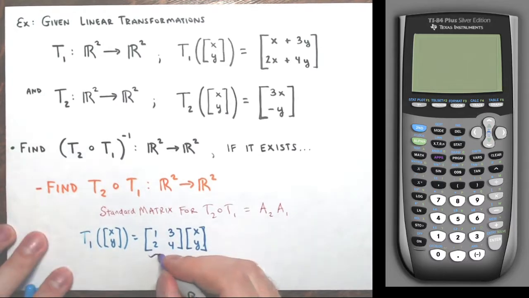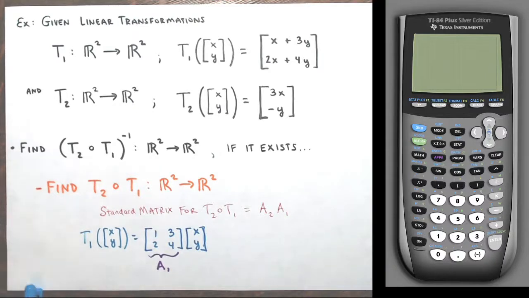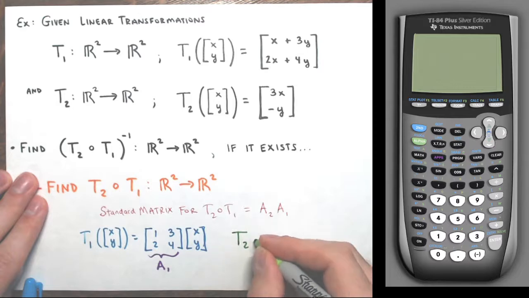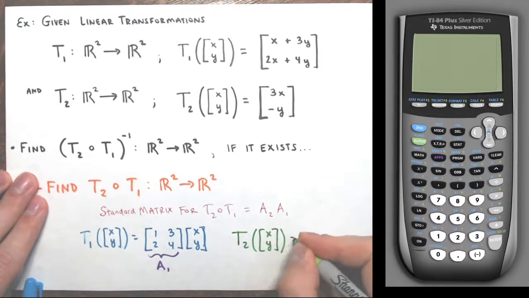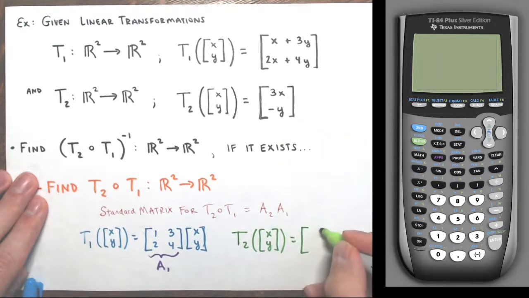And then T2, do the same thing. T2 of a vector from R2. Again, I can write this output from T2 as a 2 by 2 matrix with down the first column coefficients of x, 3, then 0. Then the second column coefficients of y, 0, then -1, multiplied by x, y. And there's matrix A2.